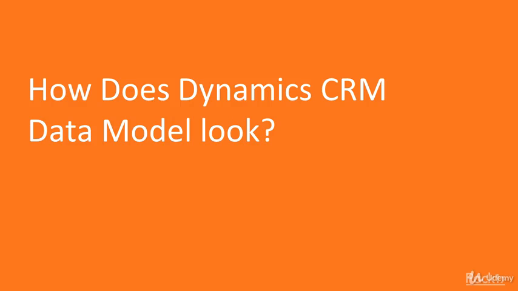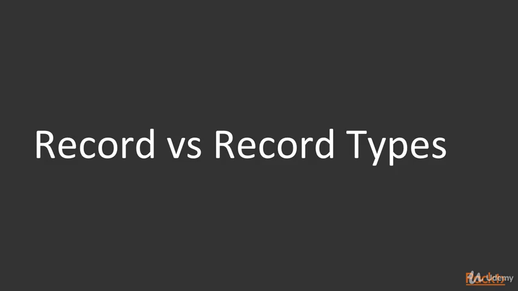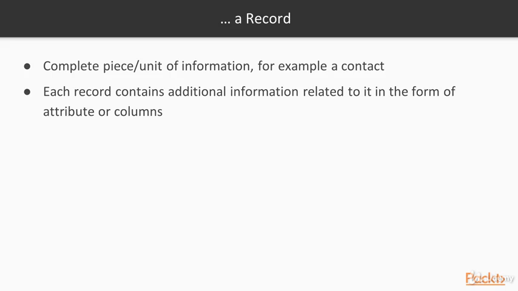Alright, going to the basics, in CRM, there are primarily two things: a record and a record type. So let's try to understand each one in detail. First of all, a record in CRM is a complete piece or unit of information like an account or a contact. Each record will hold additional information in it, which are called attributes.